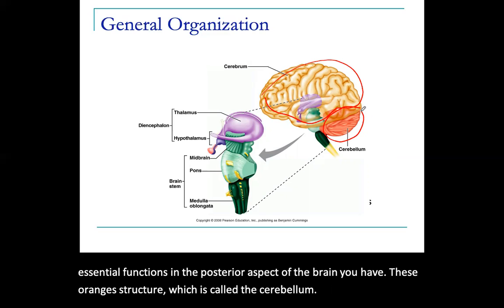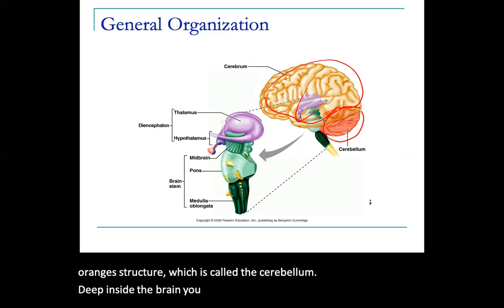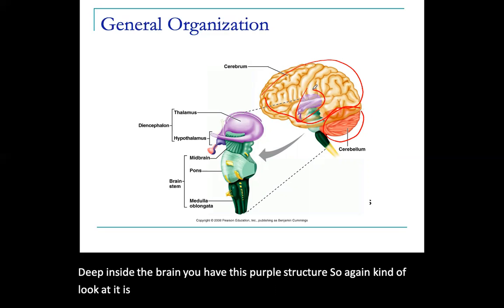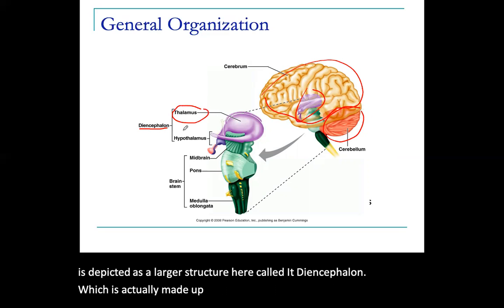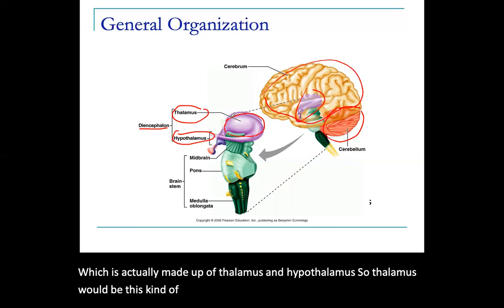Deep inside the brain, you have this purple structure. So again, look at it, it's a little bit shaded, which means it is deep into the brain. And it is depicted as a larger structure here called the diencephalon, which is actually made up of thalamus and hypothalamus. So thalamus would be this kind of an oval structure you see right here.